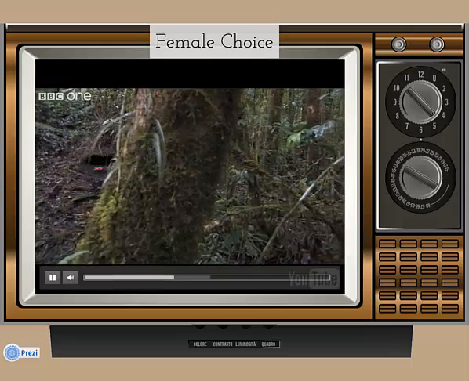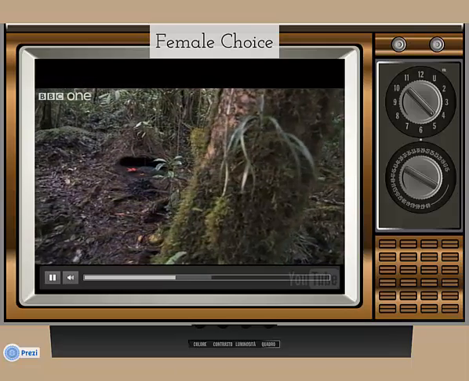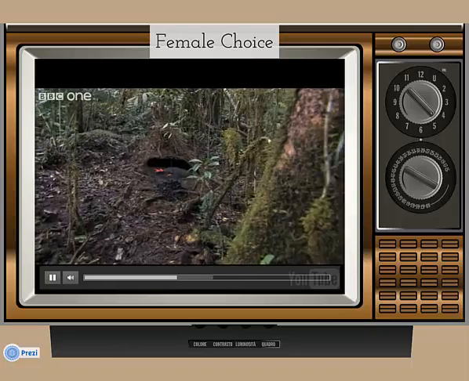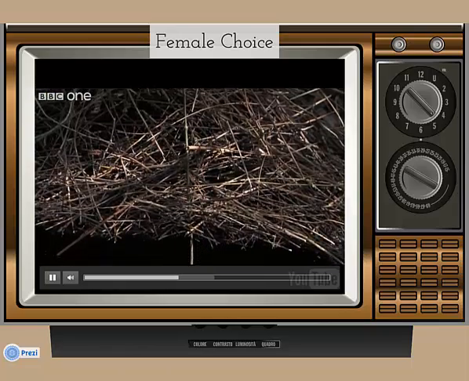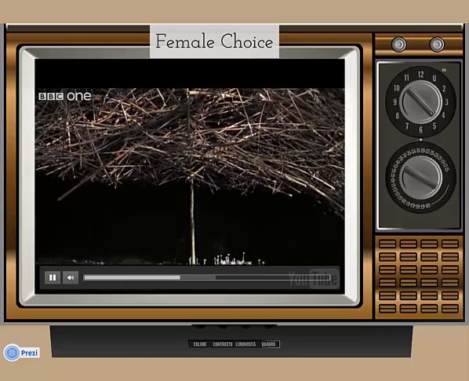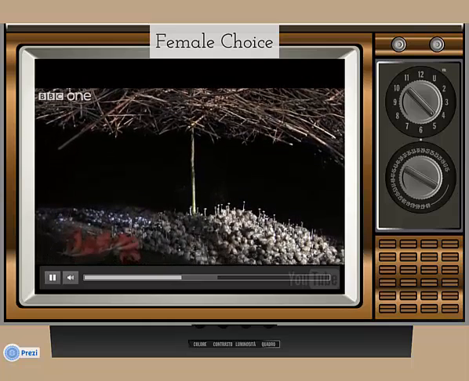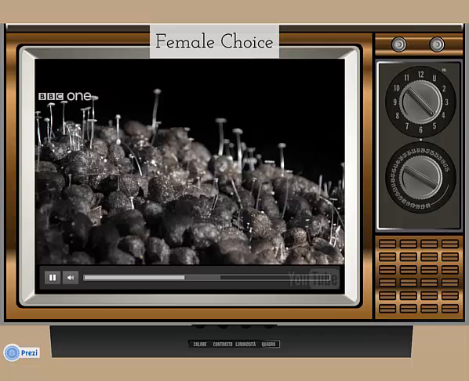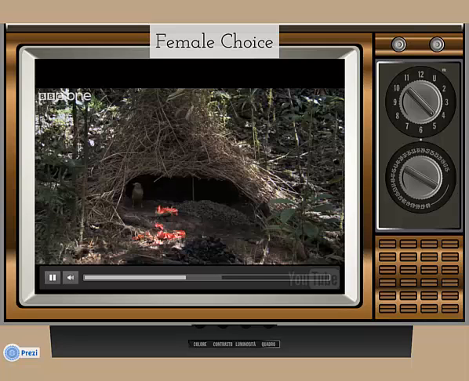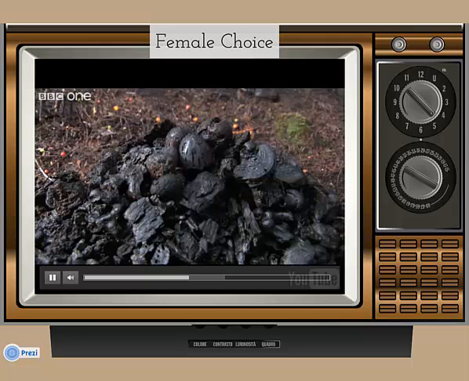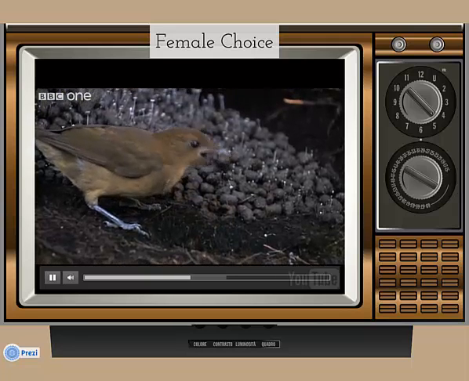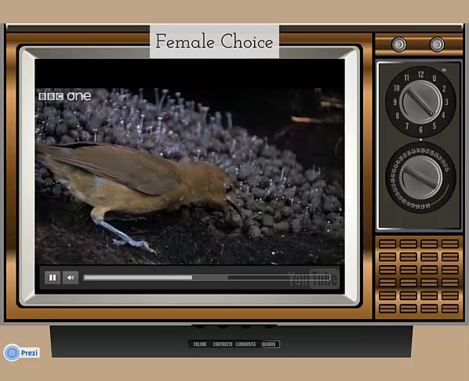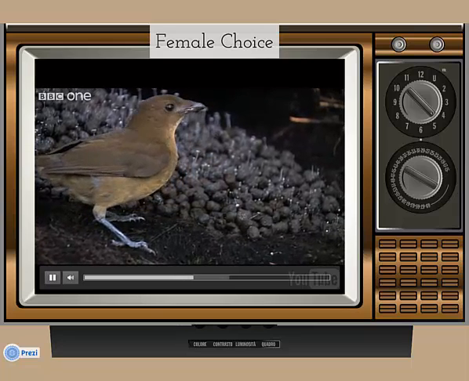But he's not alone on this hillside. He's got 6 rivals within earshot. This one prefers darker colours, decorating his bower with deer dung. And charcoal. Visual effect is of crucial importance.